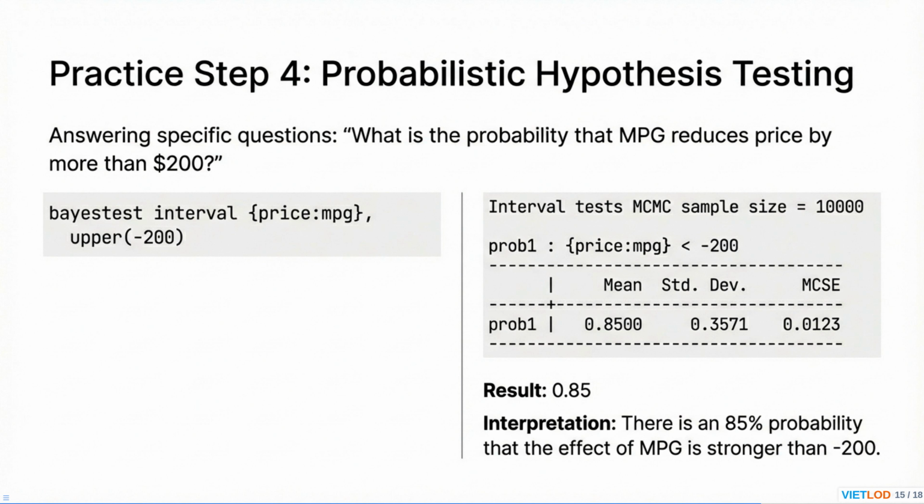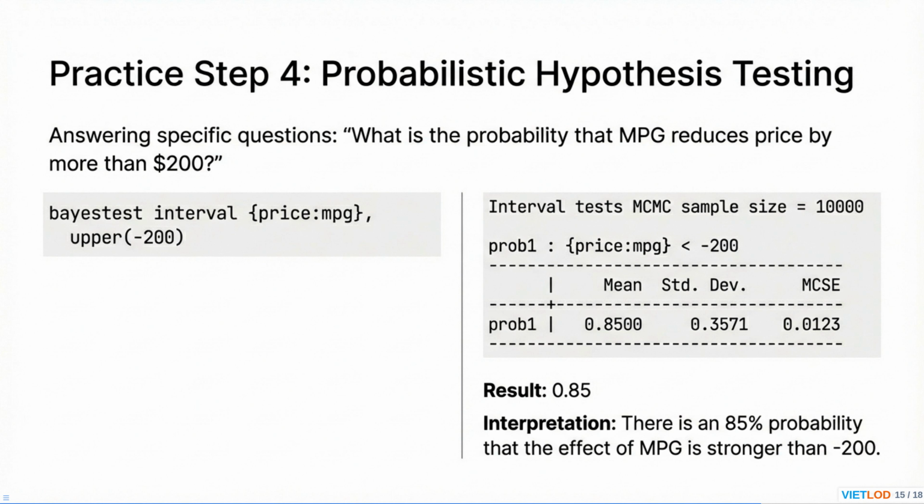Bayesian analysis truly excels when it comes to answering specific, practical questions in direct probabilistic terms. Instead of simply stating whether a result is significant, we can quantify the likelihood of an effect. For instance, we might ask, what is the probability that an increase in miles per gallon reduces the car price by more than $200?